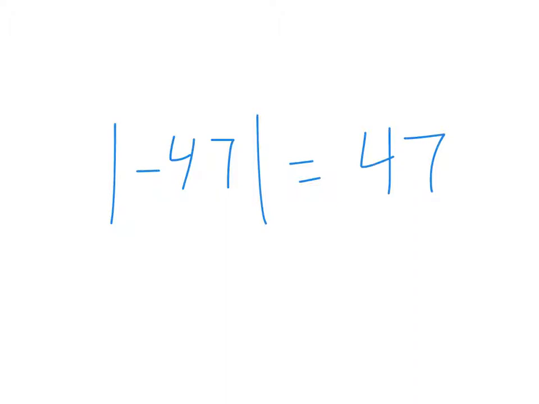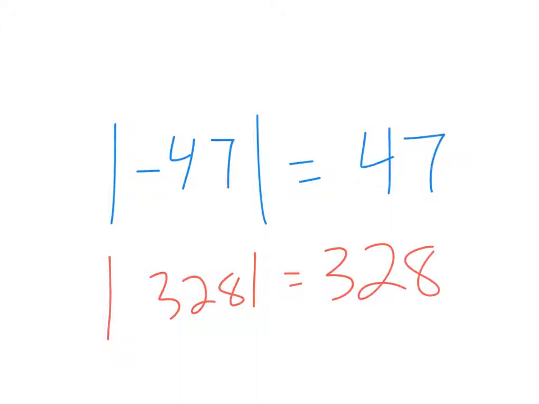So therefore the absolute value of -47 is 47. The absolute value of 328 is 328. Okay, so hopefully that's not too bad. Just remembering that the absolute value of any number is simply just that number.